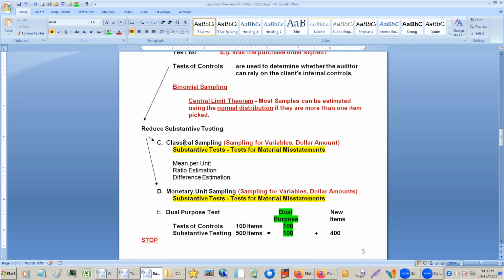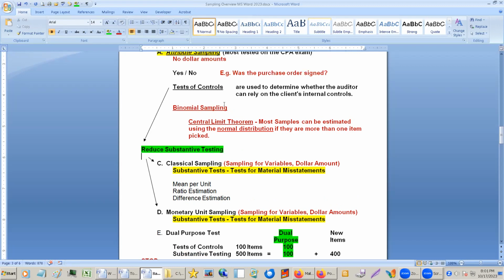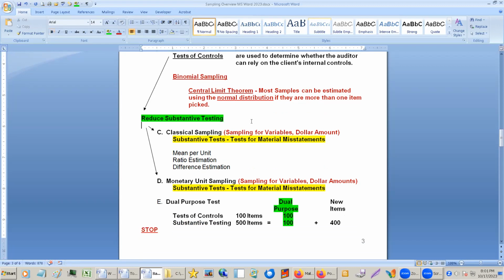If you can, you reduce the substantive testing, classical or monetary unit, whichever one you're using. If you can't rely on the controls, then you just have to go all to substantive testing. But again, this is when you're looking for the risks.